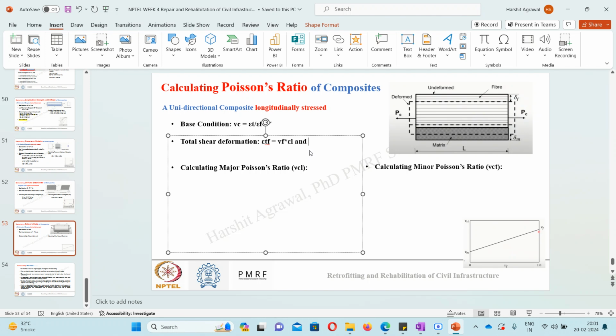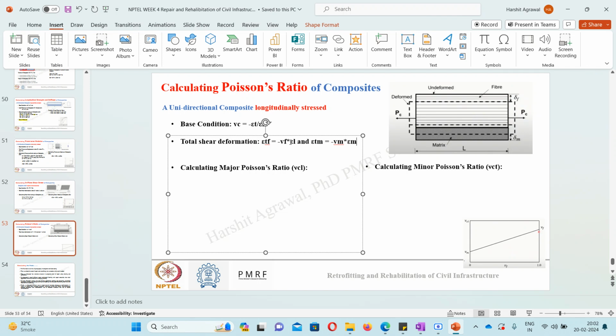Similarly for matrix, the transverse strain in matrix will be nothing but, this is accompanied by a negative sign, not volume fraction, sorry, it will be Poisson's ratio of matrix, vm times epsilon m, the strain in matrix. Now I know these two conditions.